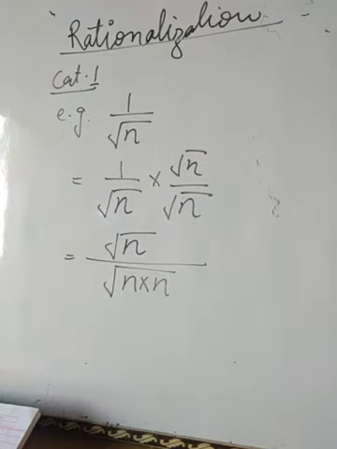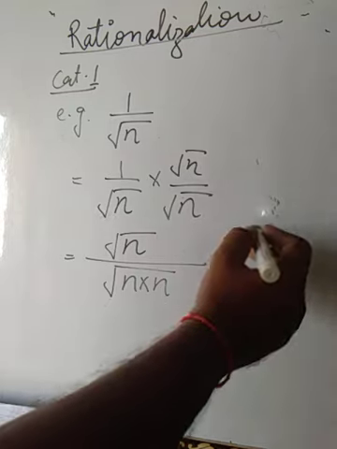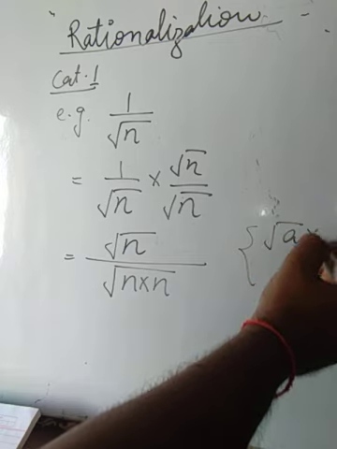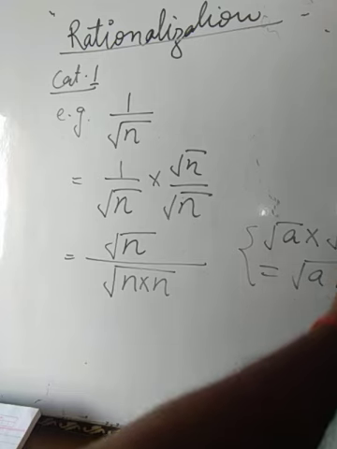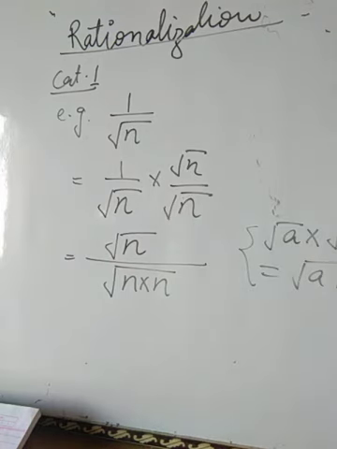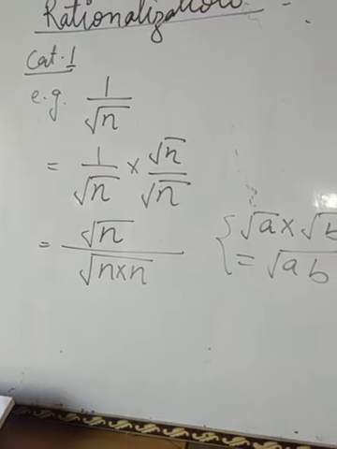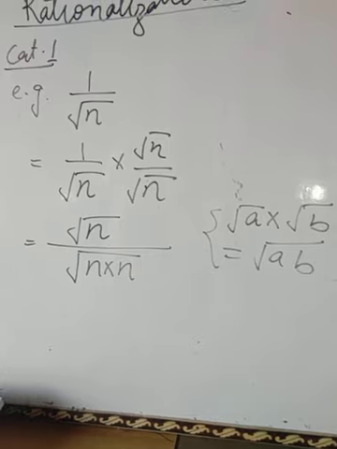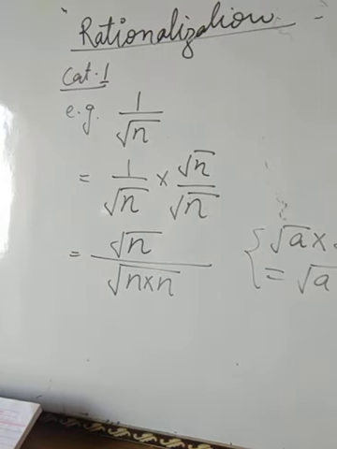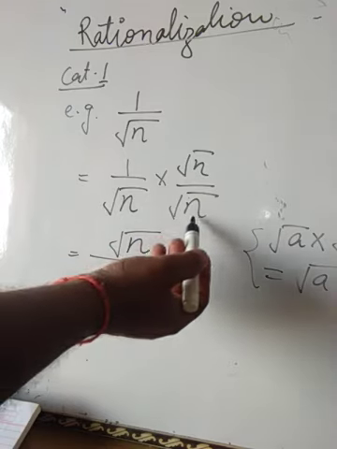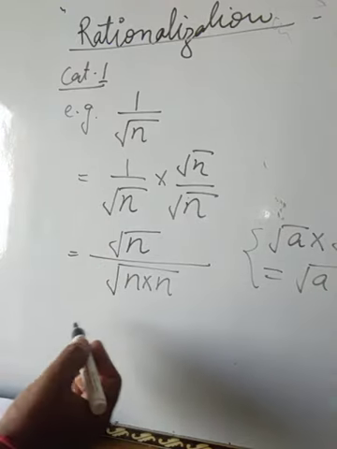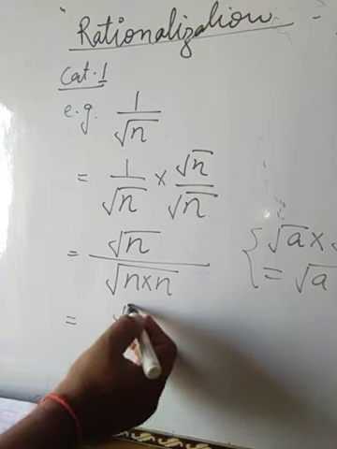As you know, one rule: root a into root b equals under root ab. Here root n into root n, we take one as a and the other as b, so this is under root n into n.